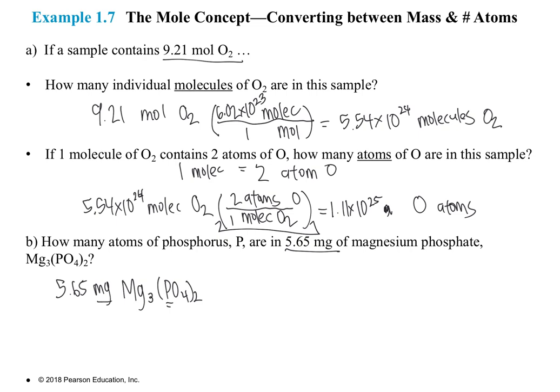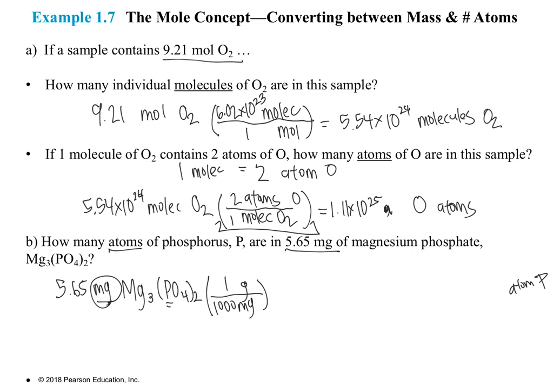Now, we don't know any conversion from milligrams into moles. And we know if we want to find atoms of phosphorus, then I'm going to need to use Avogadro's number at some point. And so I'm going to need to then use a molar mass to get out of grams. So let's go from milligrams to grams. We know that for 1 gram there are 1,000 milligrams.